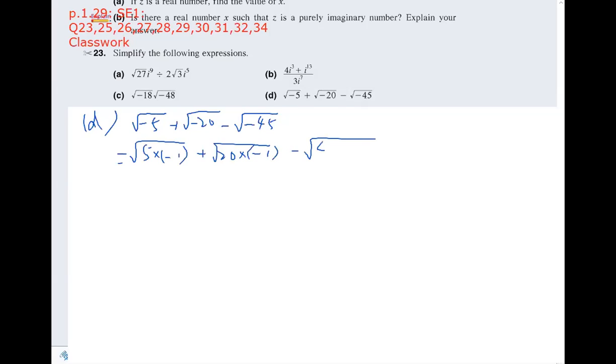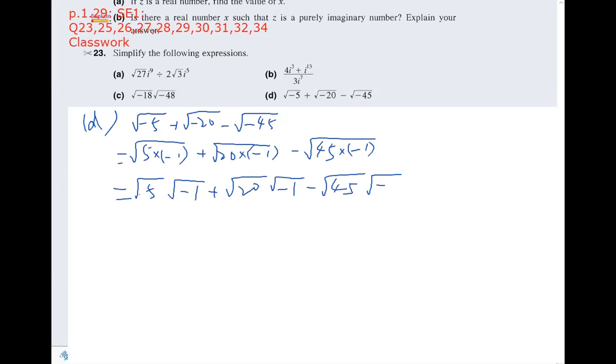Okay, so we always separate the positive number and the negative one inside the square root. Okay, and then this is square root 5 times square root -1 plus square root 20 times square root of -1 minus square root 45 times square root -1. And then we will change the square root -1 to be i.